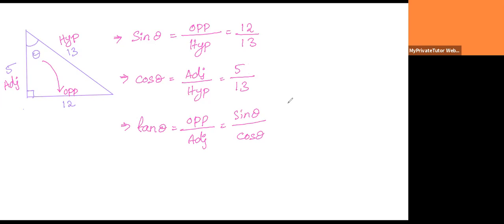So what is the value of sine theta by cos theta? We'll get 12 over 5. So if you know the first 3, it's very easy for the next 3, isn't it? Cosecant theta is the reciprocal of sine theta, so 13 by 12.